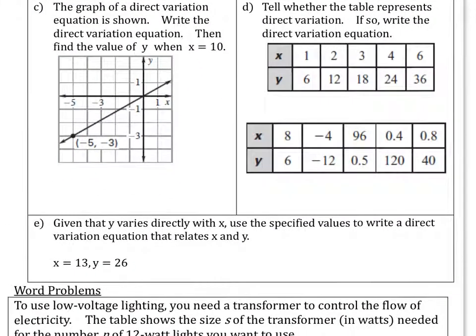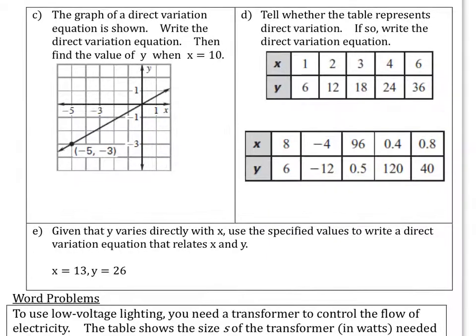Part C. The graph of a direct variation equation is shown. Write the direct variation equation. Then find the value of y when x equals 10. So we can go ahead and take y equals ax, and you're given a point. Substitute the point into this direct variation model.